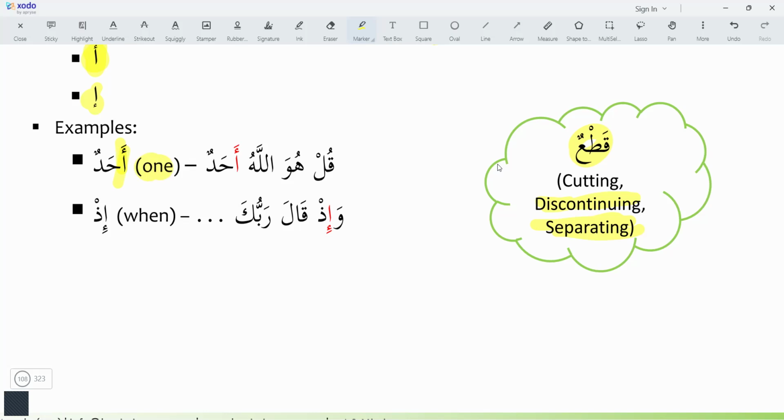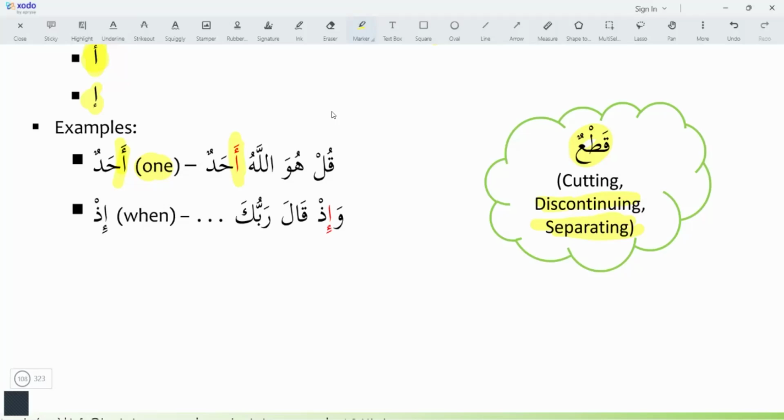Qul huwa Allahu ahad. So here, before this Hamza, there is Allah. There are so many words before this Hamza, but we have to pronounce this Hamza. We have to write and we have to pronounce this Hamza.